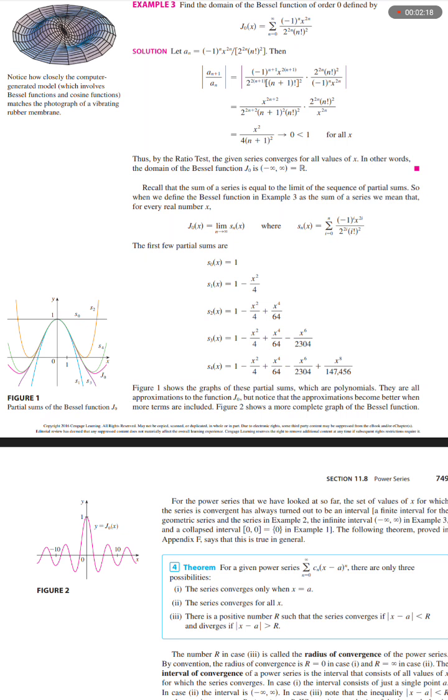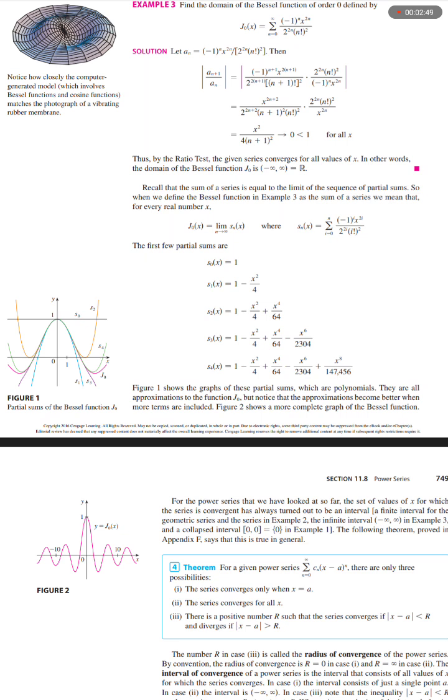See the figure in the sidebar. Figure 1, partial sums of the Bessel function J_0. You have curves s_1, s_2, s_3, s_4, and J_0, and line s_0.